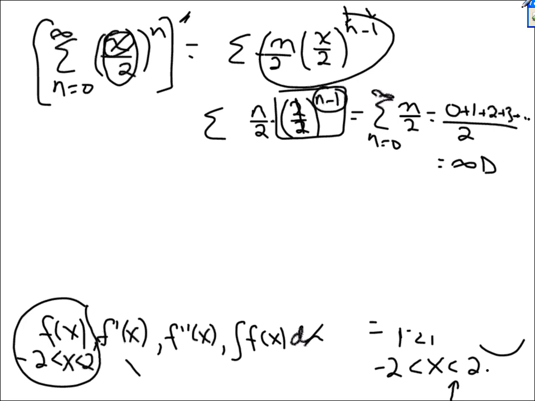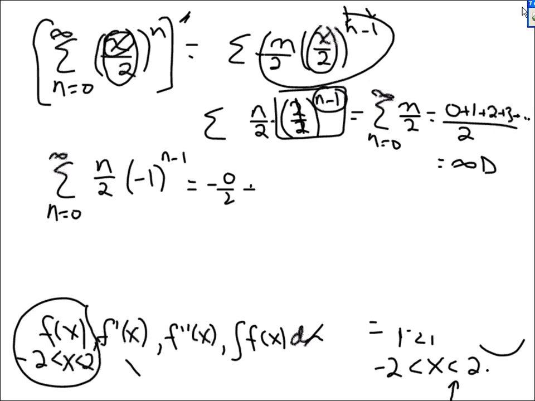Let us look at negative 2. Summation of n over 2 times, well, negative 2 over 2 is negative 1 to the n minus 1. So the signs are going to alternate. In fact, it's going to start off with negative, but that doesn't matter. Well, negative 0 over 2 plus 1 over 2 minus 2 over 2 plus 3 over 2 minus 4 over 2 plus 5 over 2.